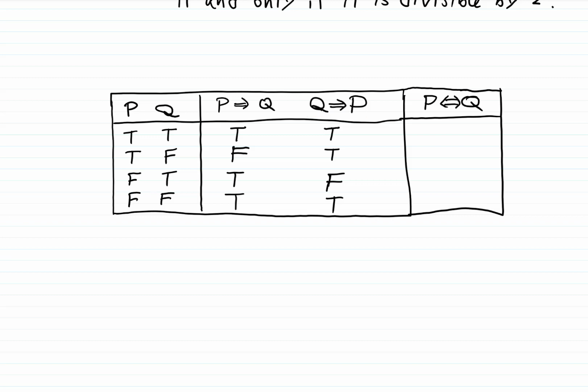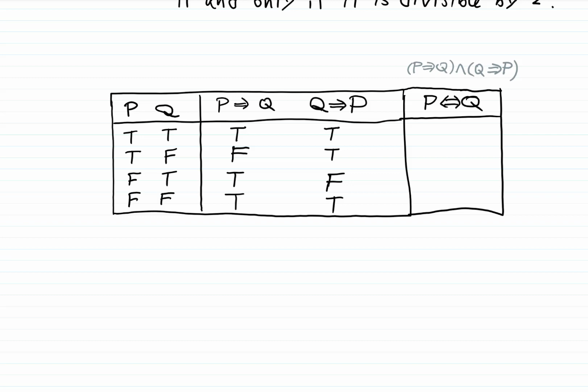Now we can use those two columns to fill in this column, because that just means P implies Q and Q implies P. It's a conjunction, and in the previous lecture we talked about conjunctions. A conjunction is true only if both pieces are true, and it's false if either piece is false.